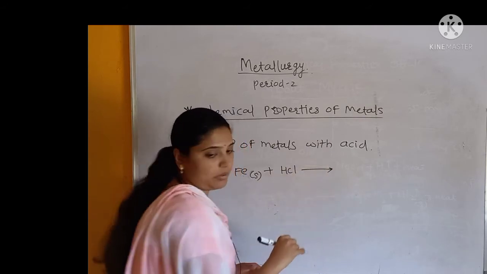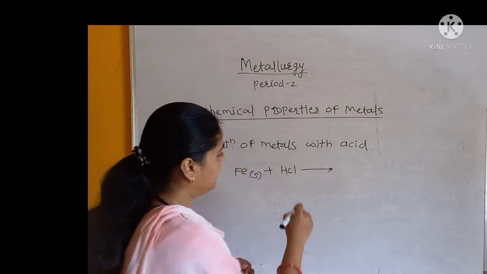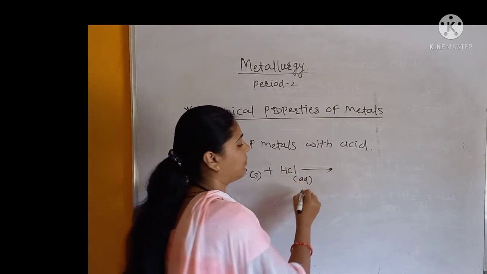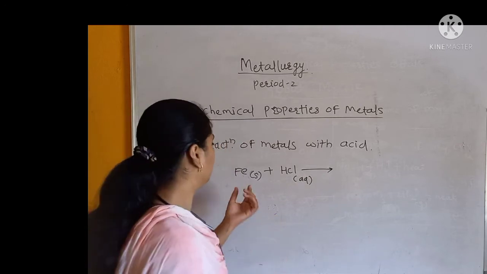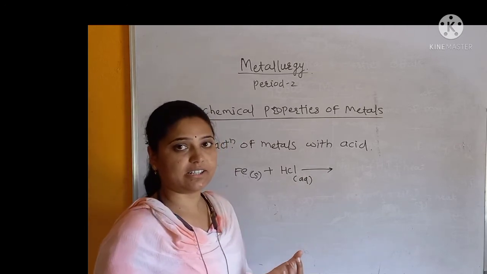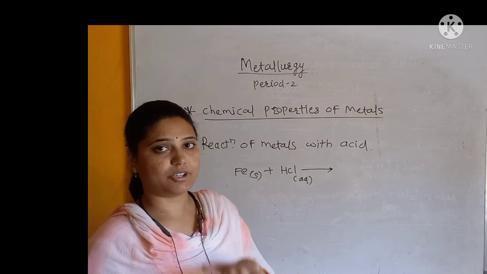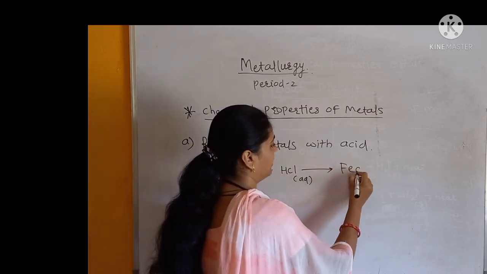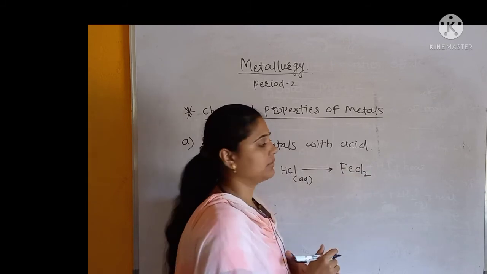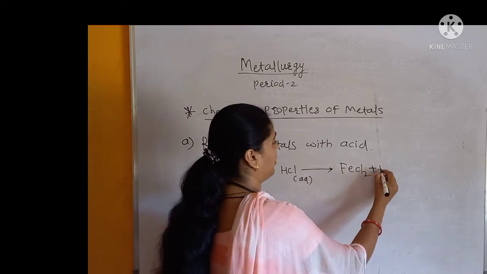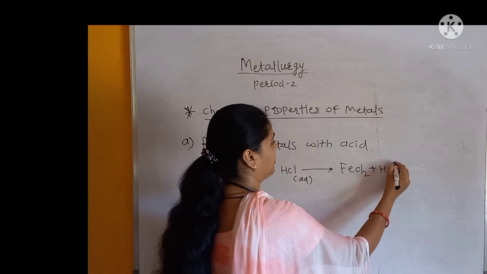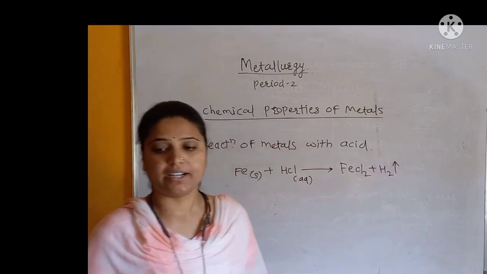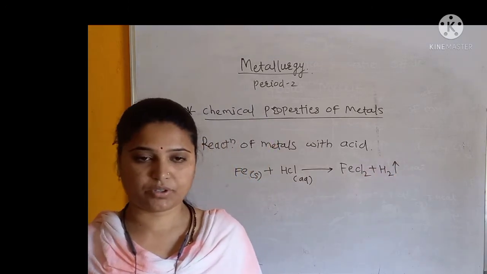The hydrochloric acid is aqueous. HCl is a gas in nature but it is dissolved in water, so it is aqueous in nature. There is a formation of FeCl2, that is ferrous chloride, plus removal of H2, hydrogen gas. And here also a large amount of it is evolved.